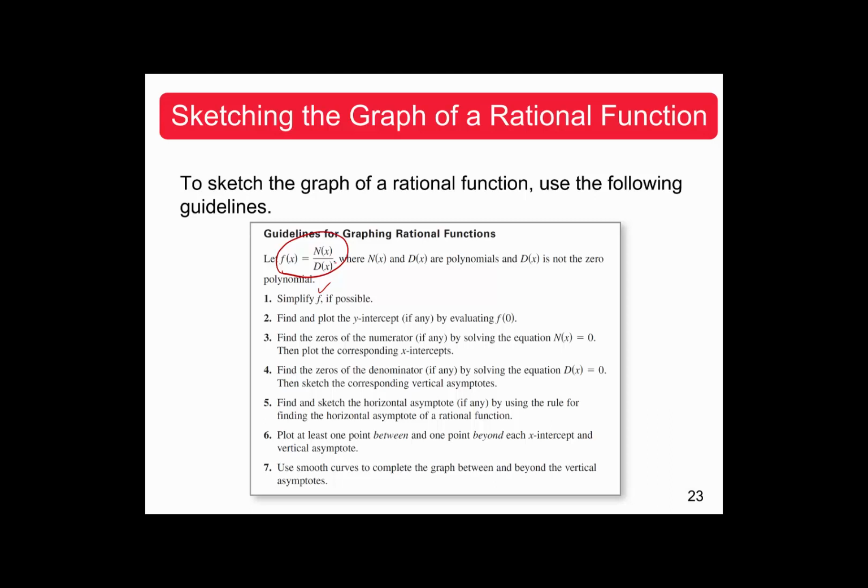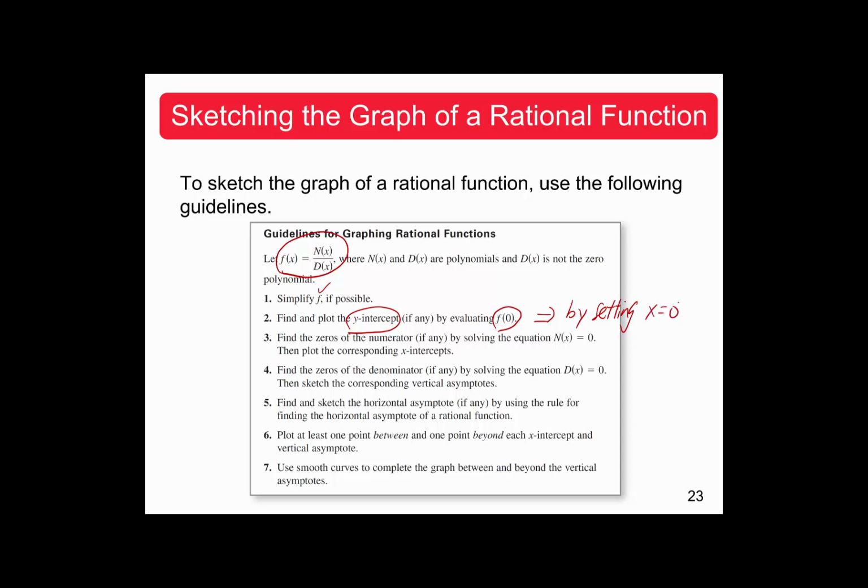If you can factor and cancel terms on both top and bottom, that would be good. The second step is to find and plot the y-intercept by evaluating f of 0, meaning setting x equal to 0.